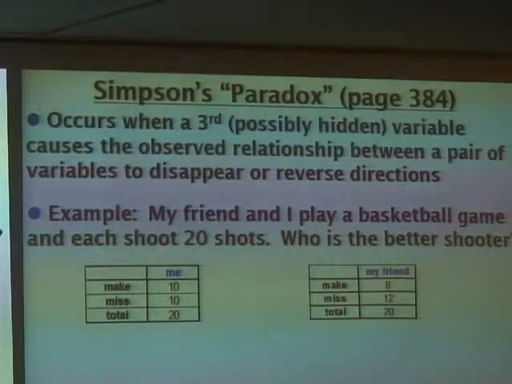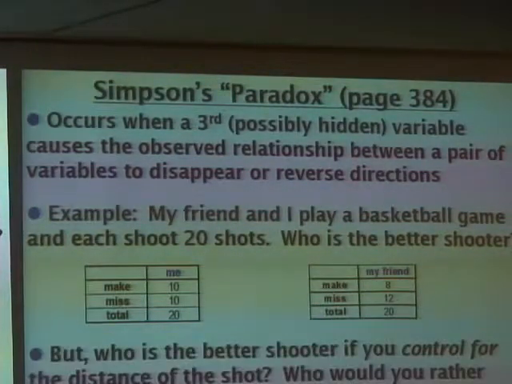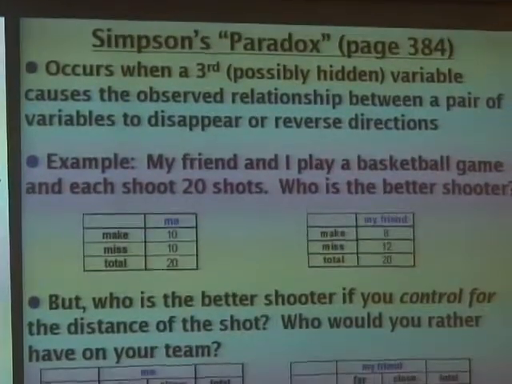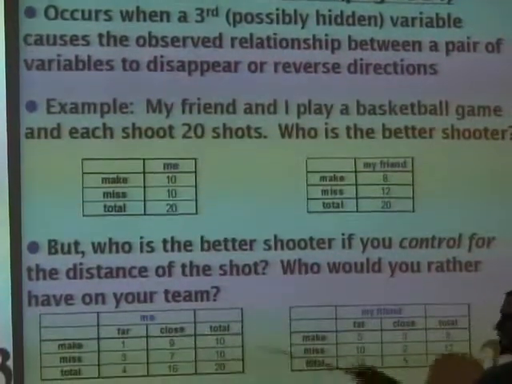He's going to go in the game, we're going to run a play, and he's going to shoot a 15-foot shot. So the real question isn't who is the better shooter. The real question is who is the better shooter when you control for the distance of the shot? Because I'm going to run a play to get an open 15-foot shot. Well, then I should control for the distance of the shot. So suppose I break the data down according to far shots and close shots.